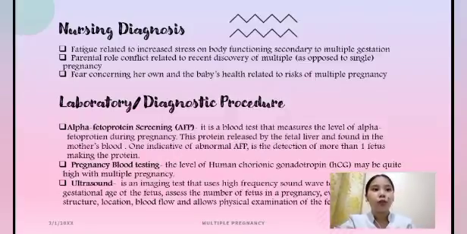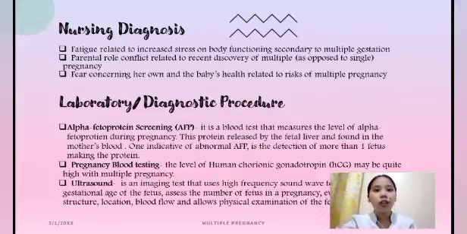Medical management for laboratory or diagnostic procedures. We have three. First is the alpha fetoprotein screening, or the AFP. It is a blood test that measures the level of alpha fetoprotein during pregnancy. This protein is released by the fetal liver and found in the mother's blood.